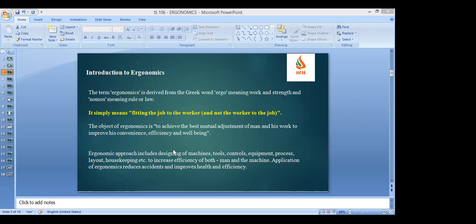They have to adjust to each other to improve his convenience, efficiency and well-being. Why are we making the work adjust to the human? To make him more comfortable, so he can perform what exactly the company wants instead of doing unnecessary activities, which do not give any returns to the company.